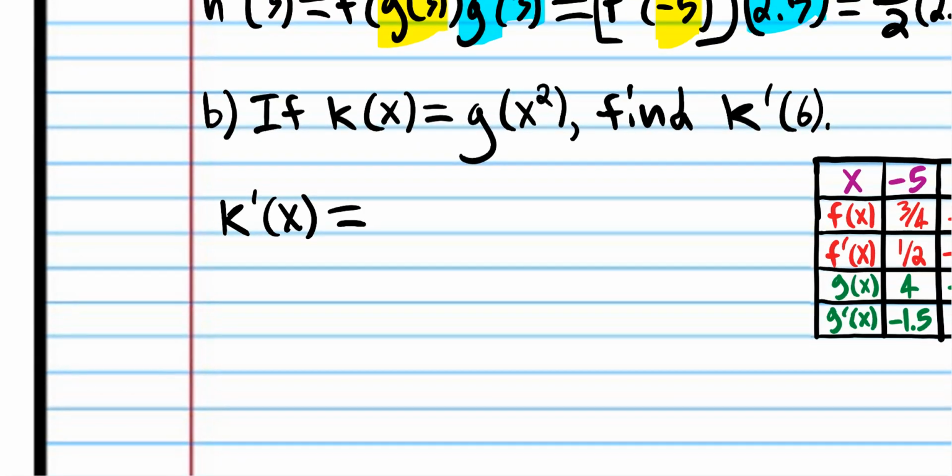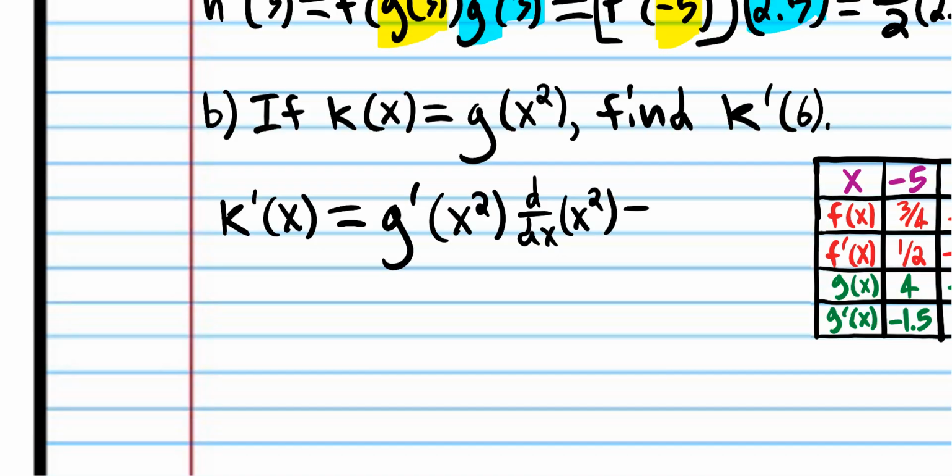we need to use our 3 steps. So step number 1 of the chain rule is to find the derivative of the outside function. That's g prime. Step number 2 is to keep the inside function. Don't do anything to it. And step number 3 is to multiply by the derivative of the inside function.